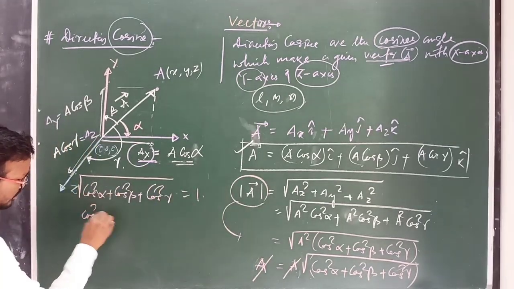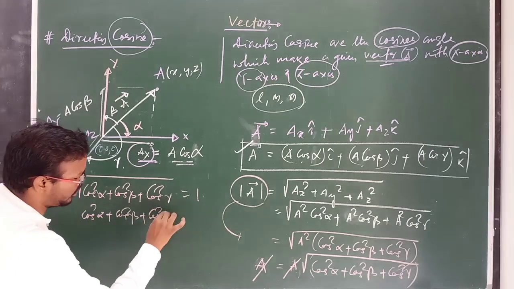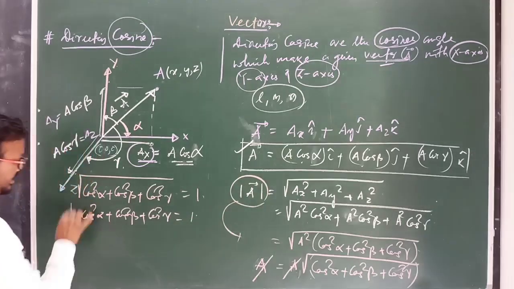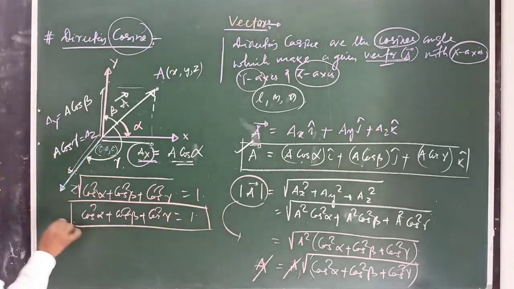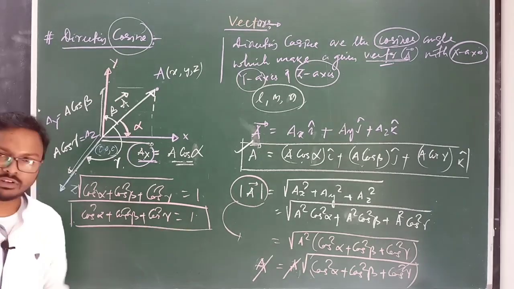So cos square alpha plus cos square beta plus cos square gamma equals 1. This is another formula of direction cosine. Clear?